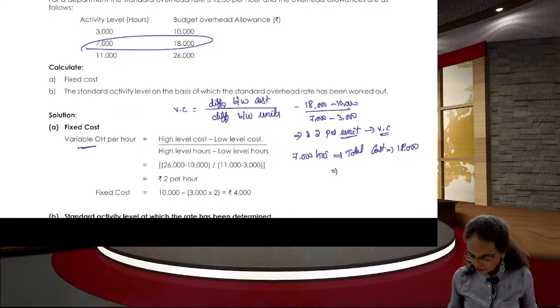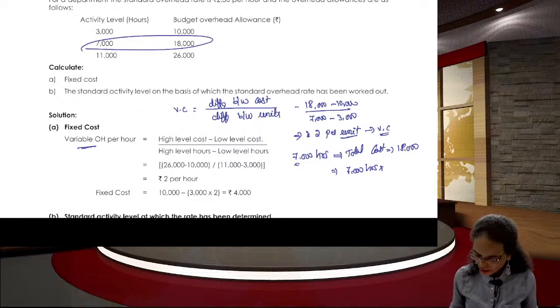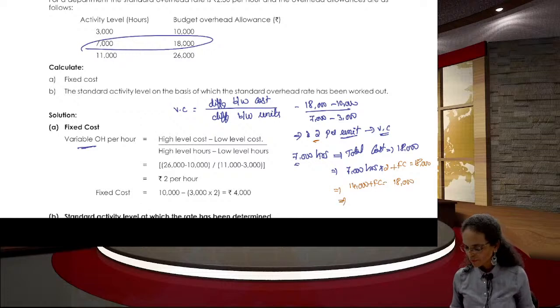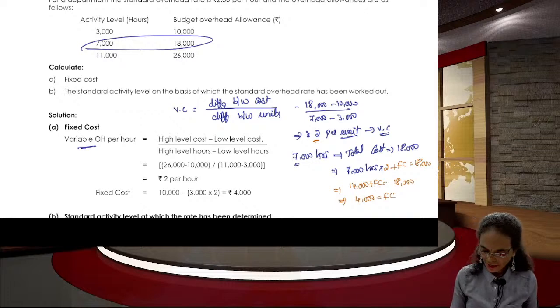So 7,000 hours into variable cost per unit of 2 rupees plus fixed cost equals 18,000. So 7,000 into 2 is 14,000 plus fixed cost equals 18,000. By simplification, 4,000 rupees is the fixed cost. Am I right?